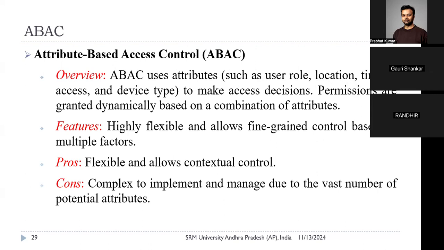Suppose one role is created, and if this is the role and this is the time he is accessing, he can access the particular resource. Otherwise, access should not be given. So other attributes can be added with that particular role. That entire thing, role plus the attributes, is known as attribute-based access control. So at the larger scale, we can manage.